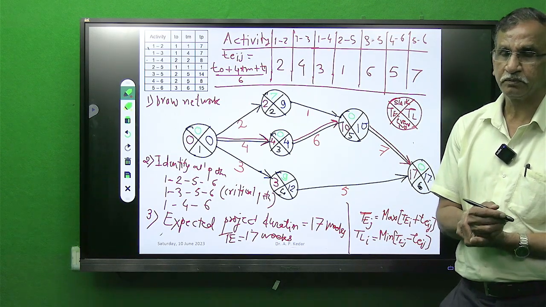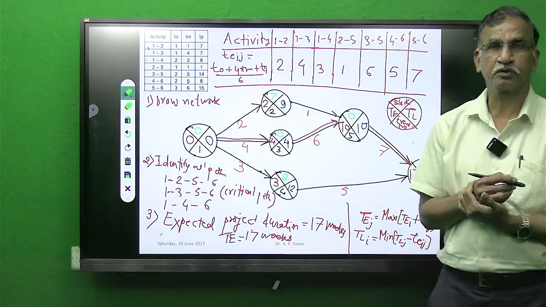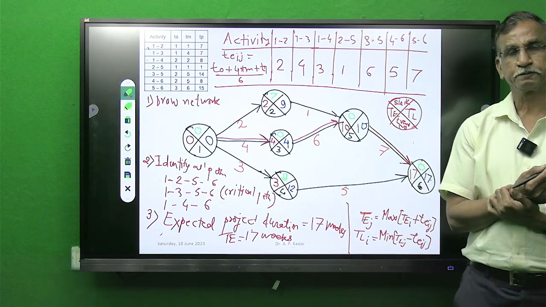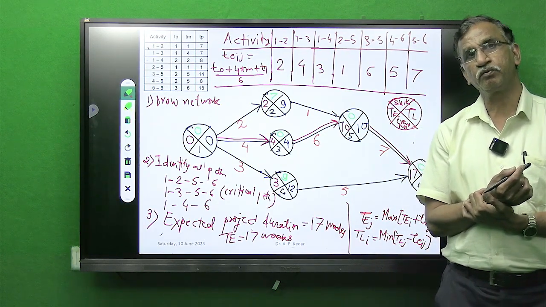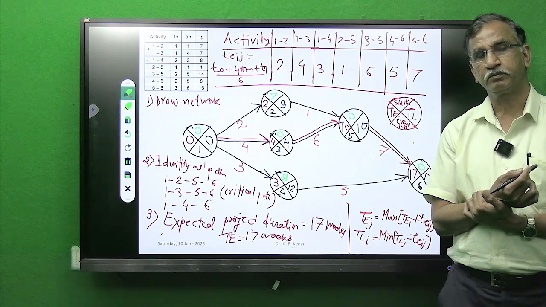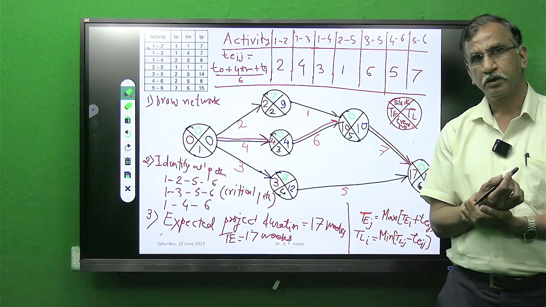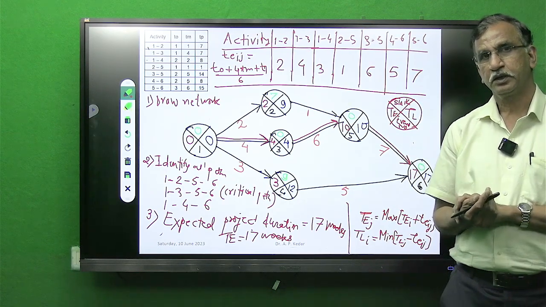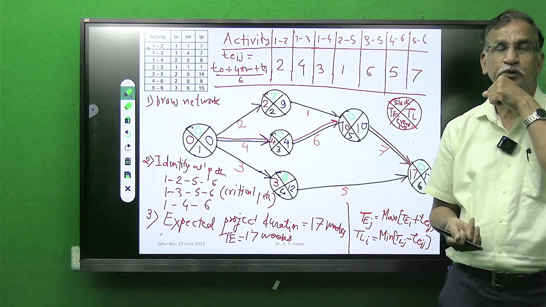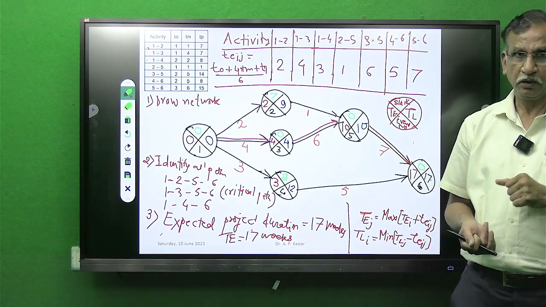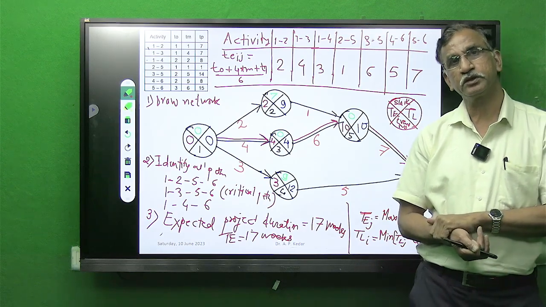What is expected time after calculation in this particular network? It is 17 weeks. What do you mean by 4 weeks earlier than expected time? Simple. In previous lecture, I have mentioned x minus. X is expected project duration. So here, my expected project duration is 12 weeks.